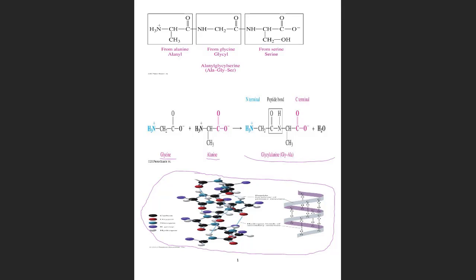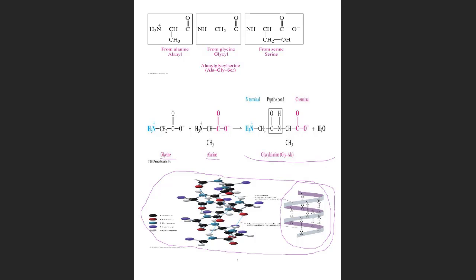See this shape? It has a coil shape. The secondary structure depends on the folded structures that are formed. In this case, we have a helix.